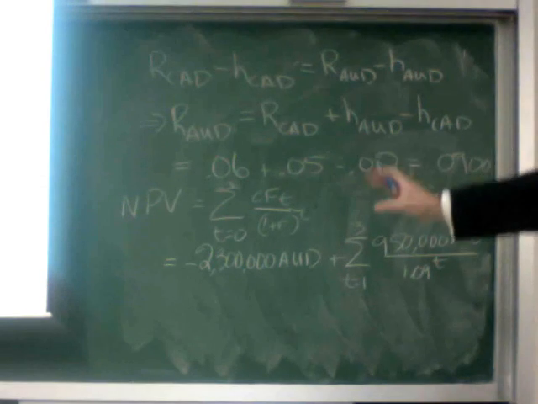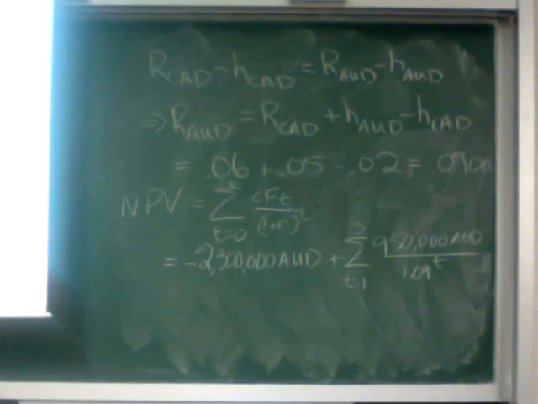Now, you would write out the equation that way, but when you do it with the cash flow feature on the calculator, all you got to do is CF0 is minus 2.3 million, CF1 is 950,000, frequency 1 is 3, and then boom, you're done.